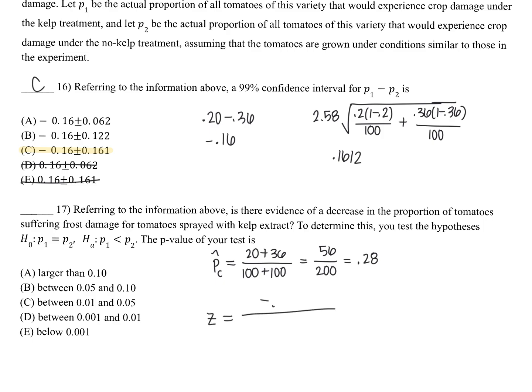So I do my test statistic. My numerator is going to be negative 0.16 because I already did that before, 0.20 minus 0.36. And then in the denominator, 0.28 times 1 minus 0.28 all over 100. And then I have to do it twice because I have to do it for both sample sizes, even if they have the same sample size.